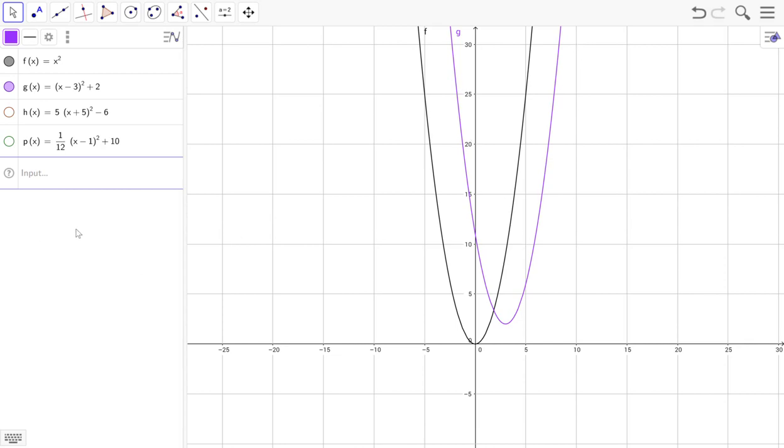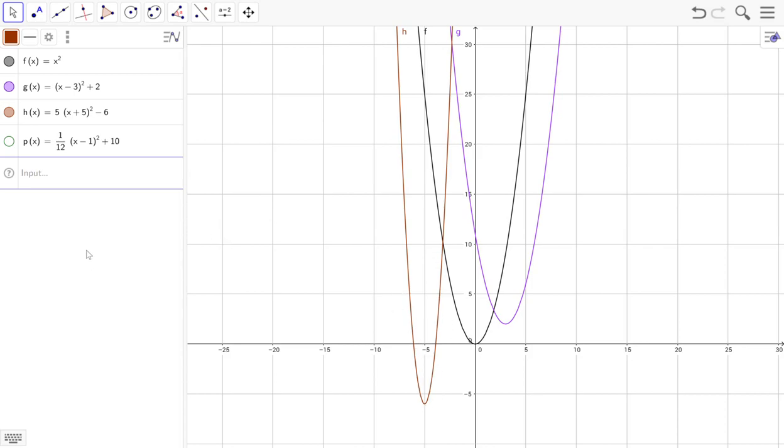Then we have h of x equals 5 times (x plus 5) squared minus 6. This time we're dilating it by 5, so it's going to be much narrower than the original. Then we're going to the left 5 and then down 6. So that's the dark red graph, where the new vertex is down here, and it's much narrower than the original function.